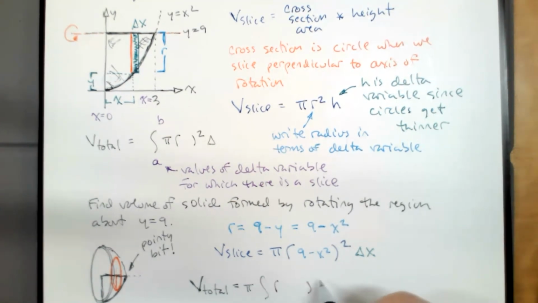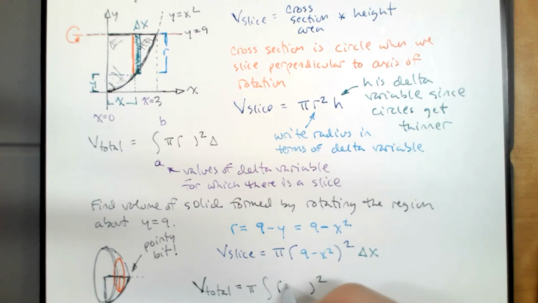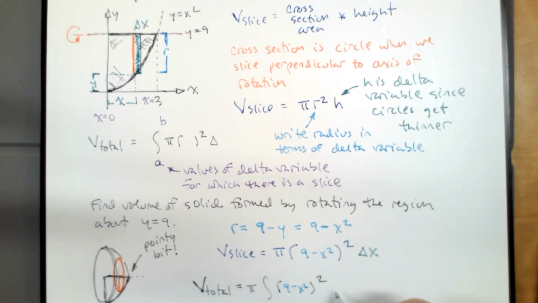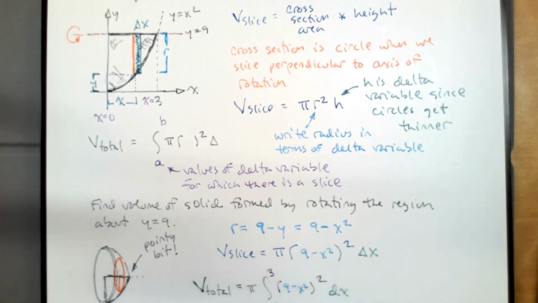The integral of the radius squared times the delta variable. The radius is 9 minus x squared. The delta x becomes dx when we switch from discrete to continuous. And the values of x in play are 0 to 3.